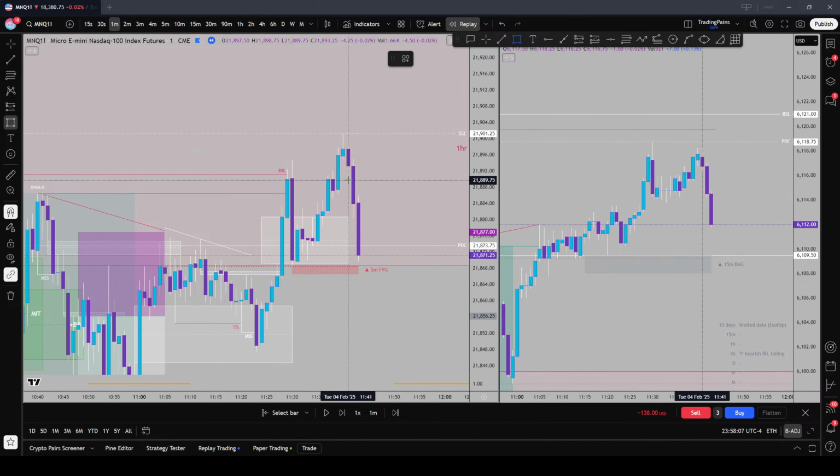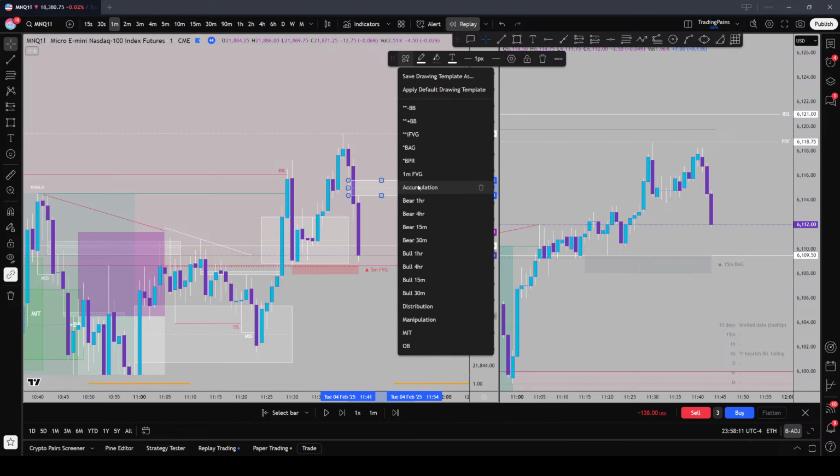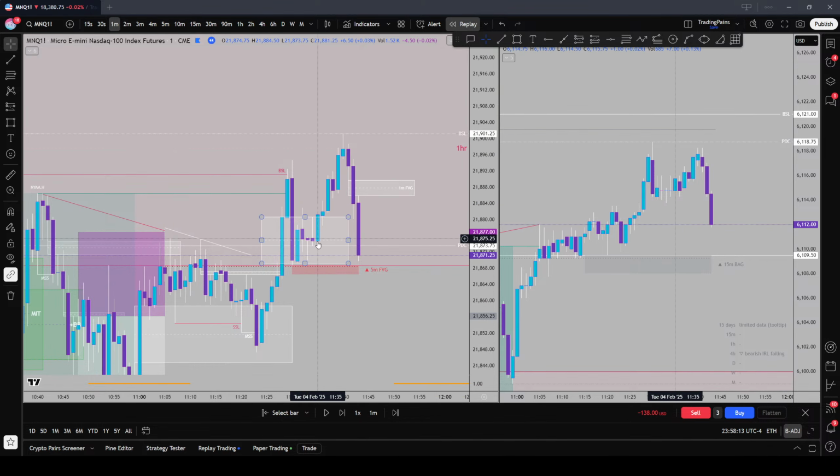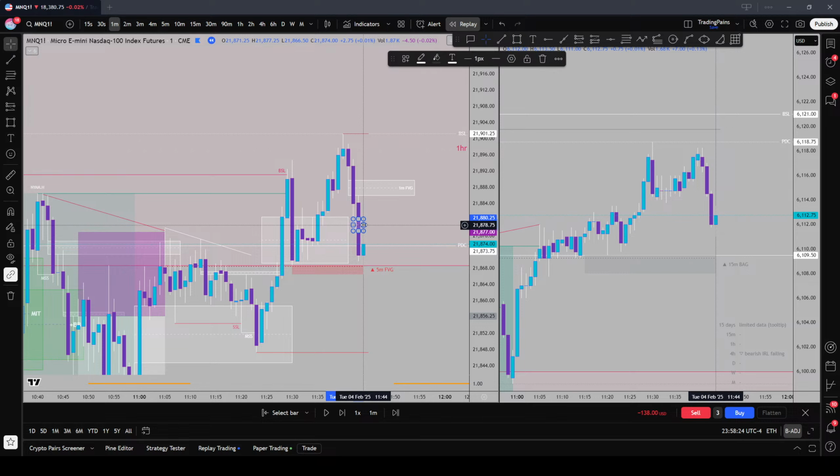Alright, so we have a nice stronger displacement. 1 minute FVG. I'd like to see it break under this. Let's do that. Tapped into it. Gave us another FVG.